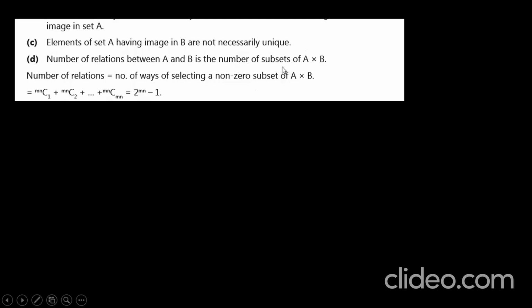The number of relations between A and B is the number of subsets of A cross B. That we know, right?